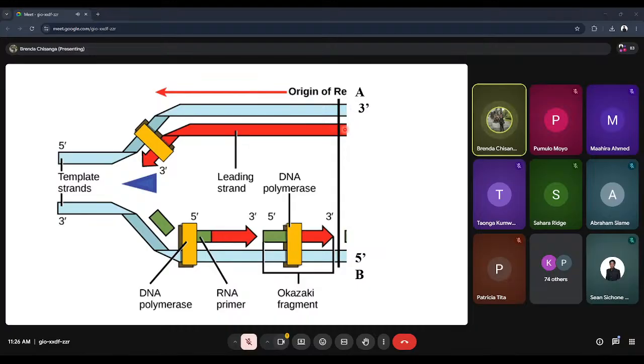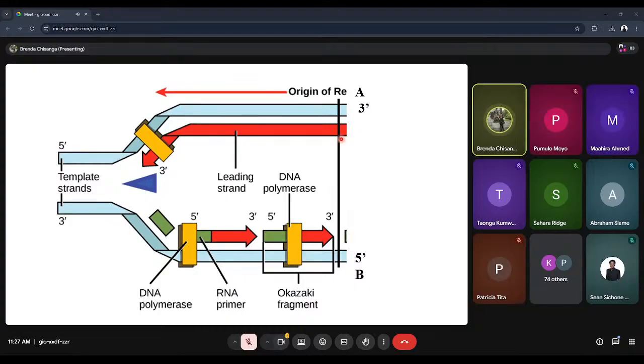So the strand of DNA that is synthesized in the same direction as a replication fork is referred to as the leading strand. And if you pay attention, you're going to see that the strand with the 3' end at the fork is what is referred to as the leading strand. Even if I didn't know what this strand was, I'd just look at strand A and its orientation. If on this end there's a 3' end, then this new DNA will have a 5' end, and synthesis should be from 5' to 3'.